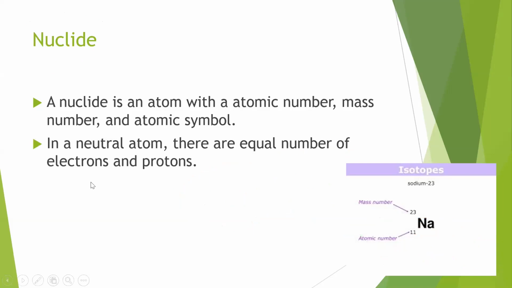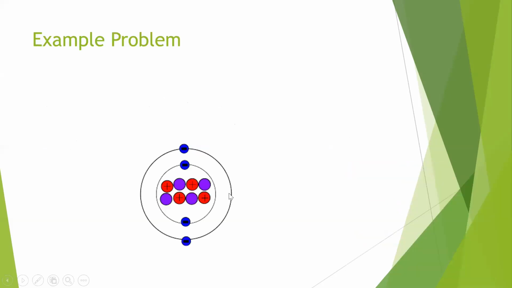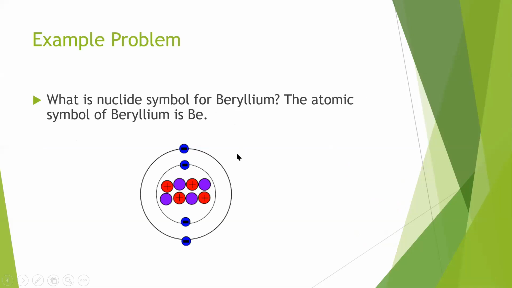And as I was saying, in a neutral atom, there's an equal number of electrons and protons, and everything we're going to cover today would have an equal number. So here's an example problem. Please type in the nuclide symbol in the chat when you have it for beryllium, and the atomic symbol is Be.